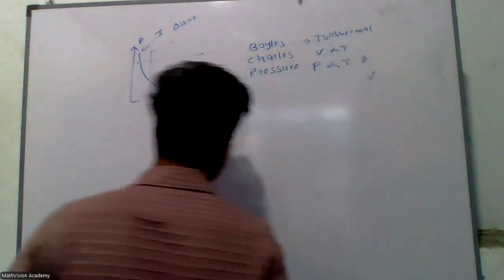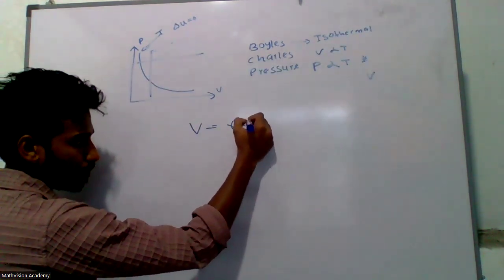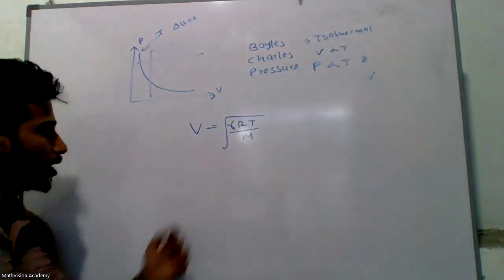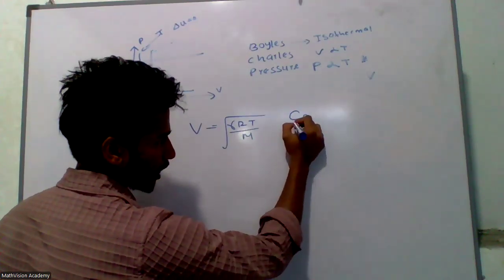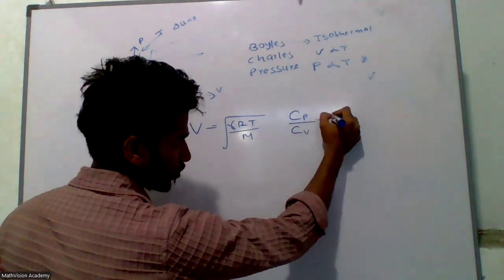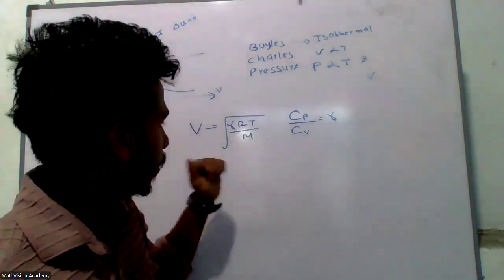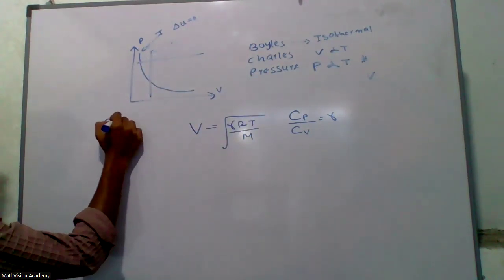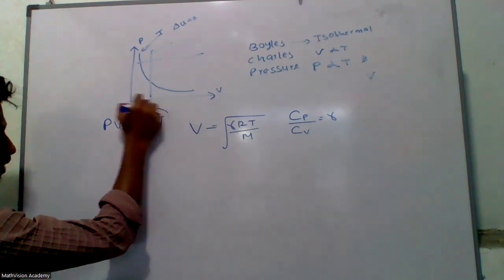So I say that the velocity of sound is the square root of gamma RT over molar mass, and I'll explain that also in a while. Gamma is the ratio of specific heat capacity at constant pressure to specific heat capacity at constant volume. You can see there is no volume in this expression, but you should understand the basic equation PV equals nRT, which you have already learned in our ideal gas law.